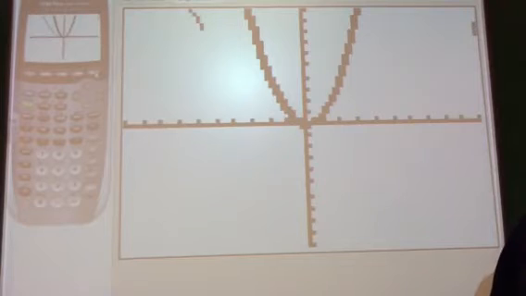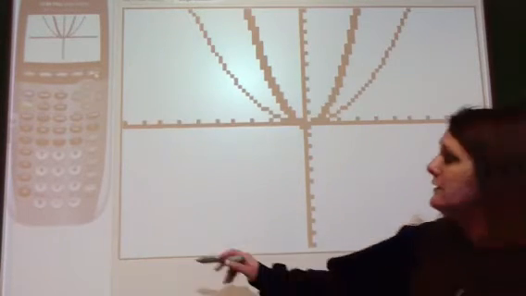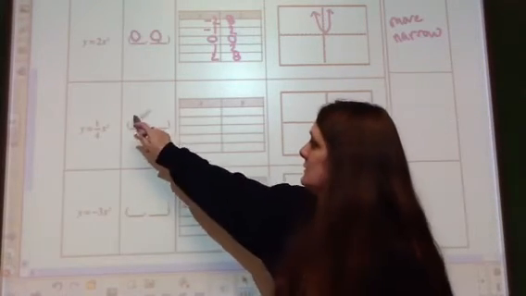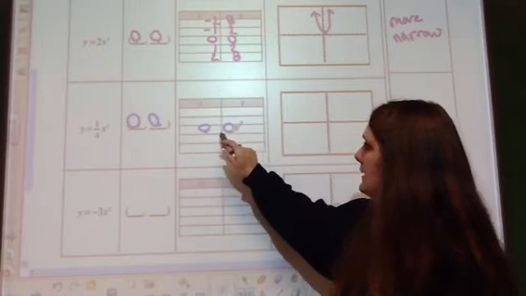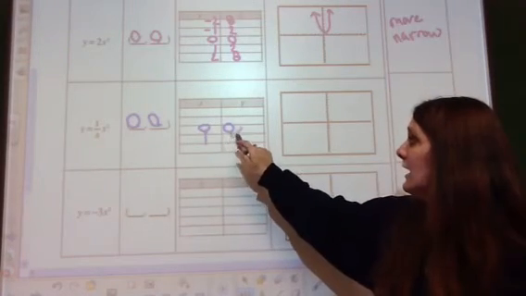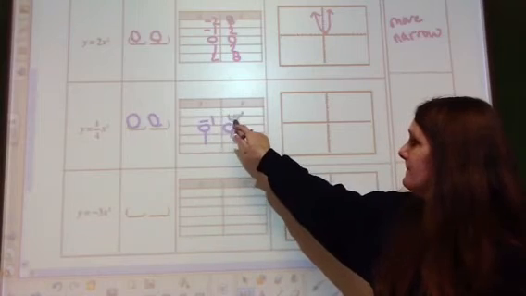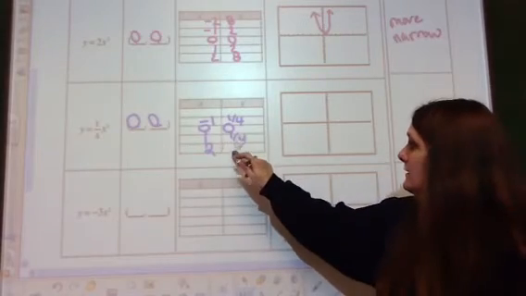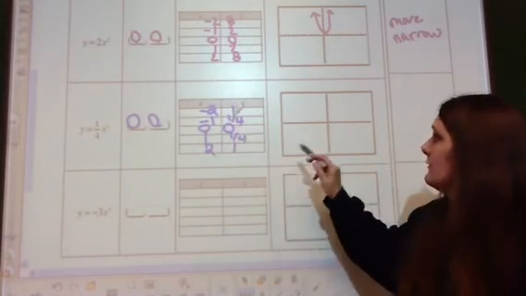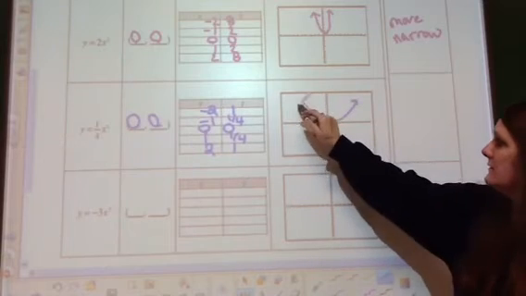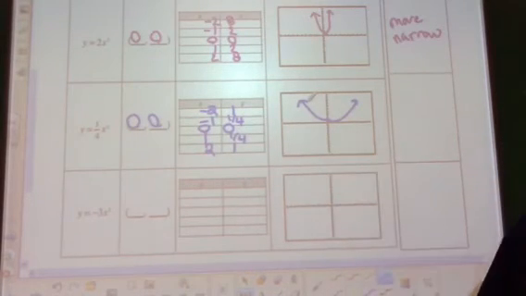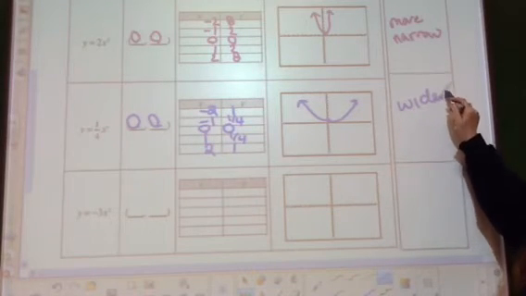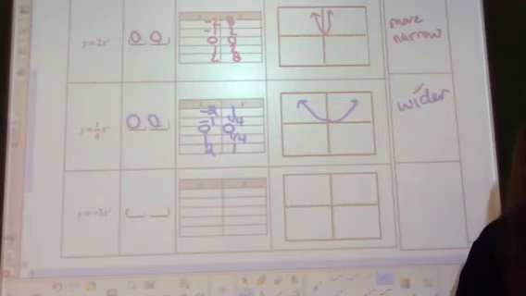It gets wider. It's wider, okay? So a number that's less than 1, it's going to get wider. So when we go back to our table, we want to put that in. It still starts at 0, 0. But this time put 1 in, we get 0.25 or 1/4. We put 2 in, 2 squared is 4, times 1/4 is 1. So it takes longer for this one to get big than it did the other. And I know that's probably not matching those points exactly, but they're really small and they're kind of hard to see. So a number that's less than 1 is wider.